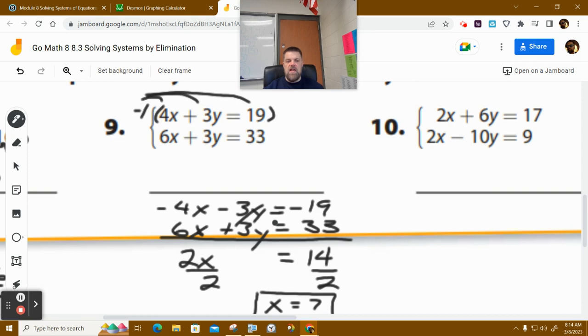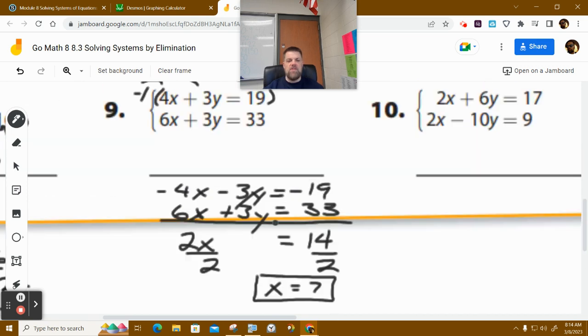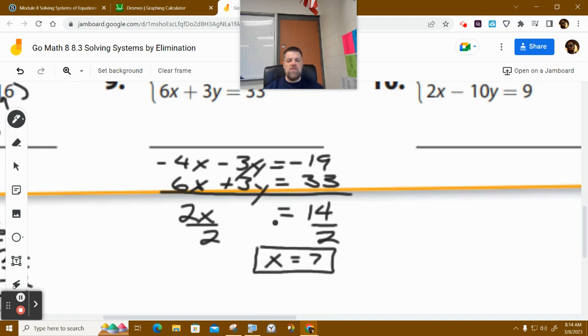Anyways, are we done? No, what do we got to do? Plug it into one of these. So I'm going to take the second equation, this one right here, and wherever there's an x, so it's 6 times x, I'm going to plug in a 7, plus 3y equals 33.